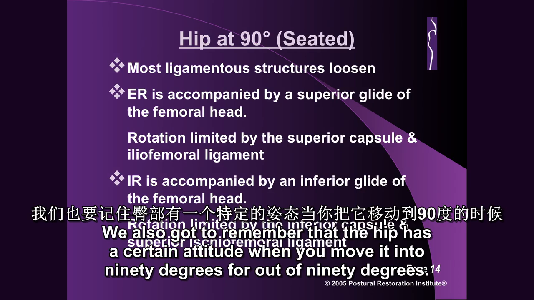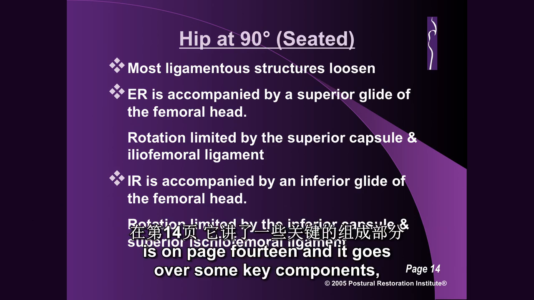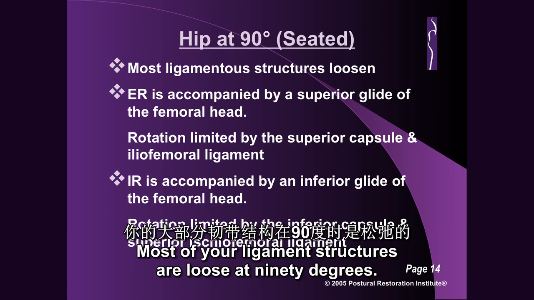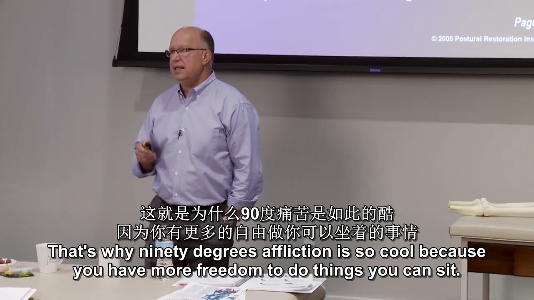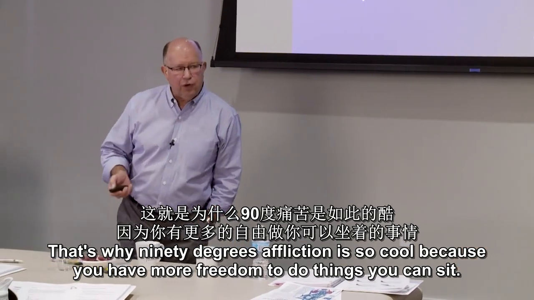We also have to remember that the hip has a certain attitude when you move it into 90 degrees or out of 90 degrees. That discussion is on page 14, and it goes over some key components, and I'm going to go over them briefly. Most of your ligament structures are loose at 90 degrees. That's why 90 degrees of flexion is so cool, because you have more freedom to do things.